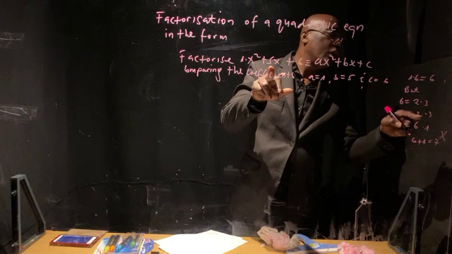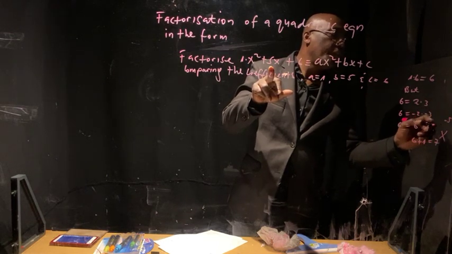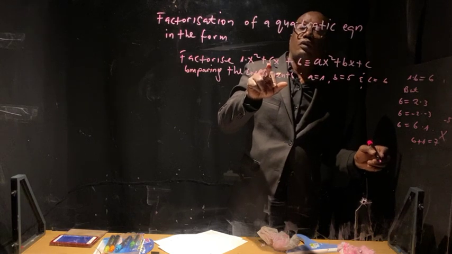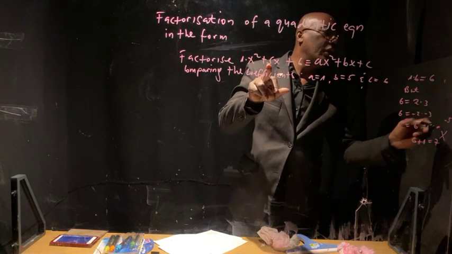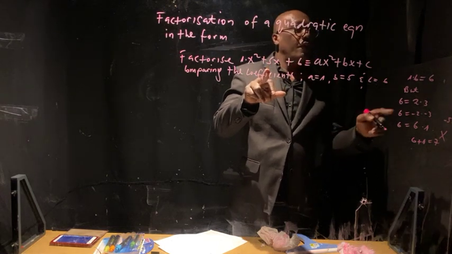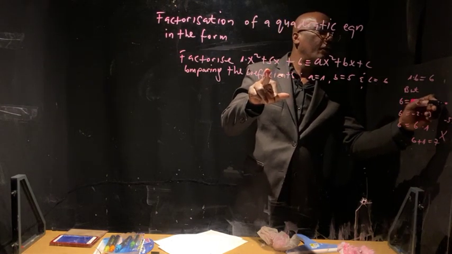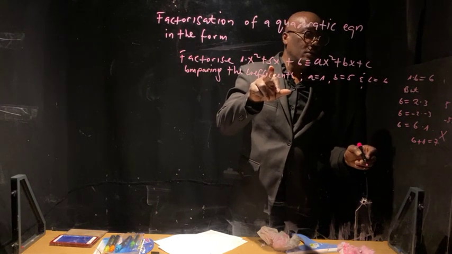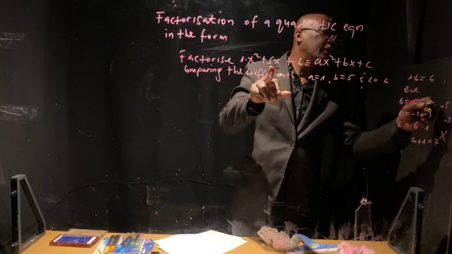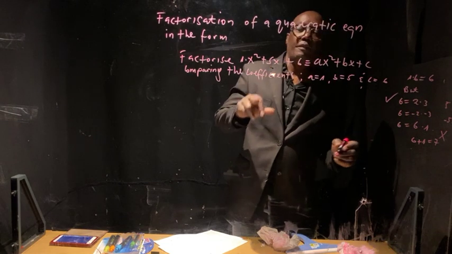If I add this one and this one, it becomes minus 5. Is the coefficient of x minus 5? No. Then we rule this one out. If I add this one to this, I'll have 2 plus 3, which is 5. Is the coefficient of x plus 5? Yes, which indicates that, in fact, this is the factor.